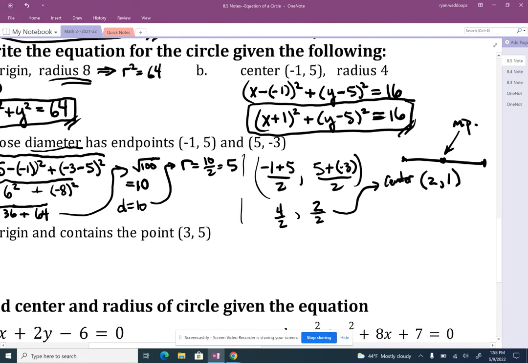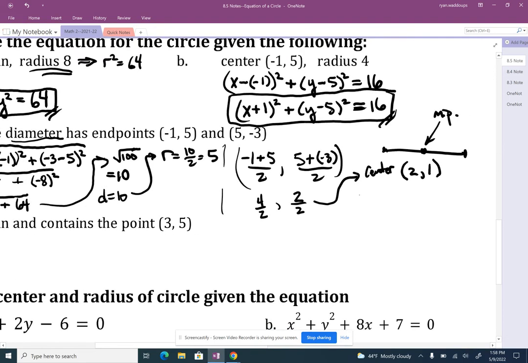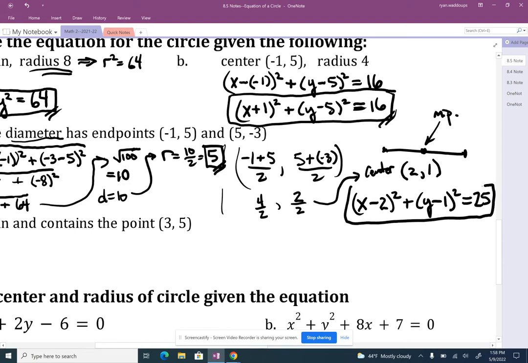Now, I can write my circle equation: x minus 2 squared, taking the 2 there, plus y minus 1 squared is equal to the radius, and the radius you recall is 5, so that's 5 squared, or 25.